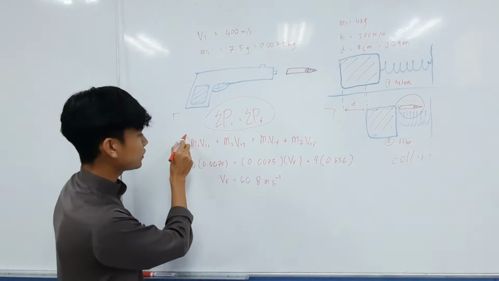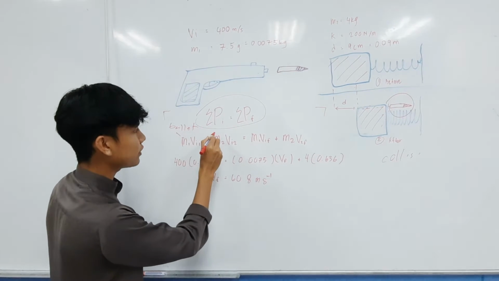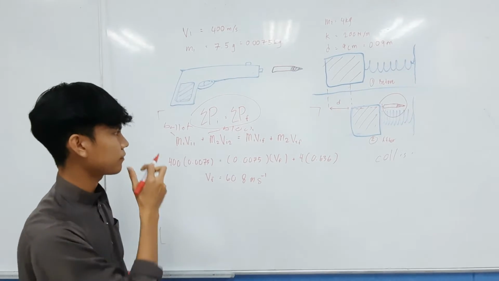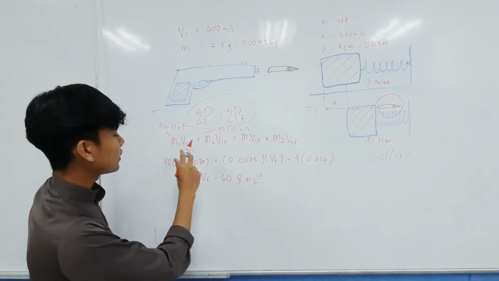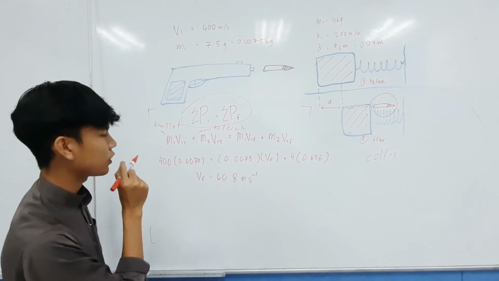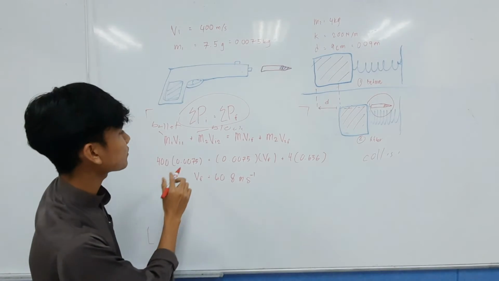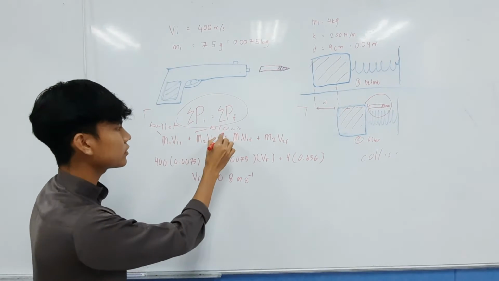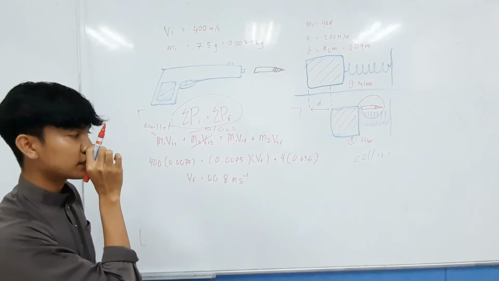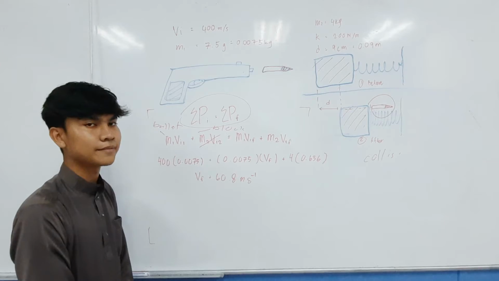M1 is for the bullet and M2 is for the block. For M1 we have 400. We just substitute all the values. For M2, the block, V initial will be 0 because the block is at equilibrium, there is no velocity.